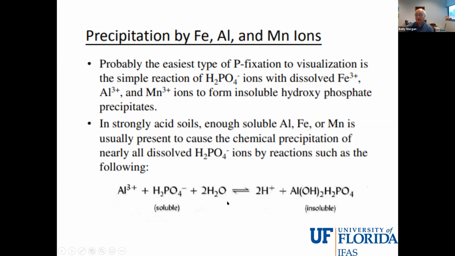And you can see the chemical equations down here below, going from a soluble phosphorus in the form of a fertilizer, along with either iron or aluminum, and that reaction goes to the right and becomes insoluble. Only if you bring this soluble form down does it go back the other direction and become soluble again.